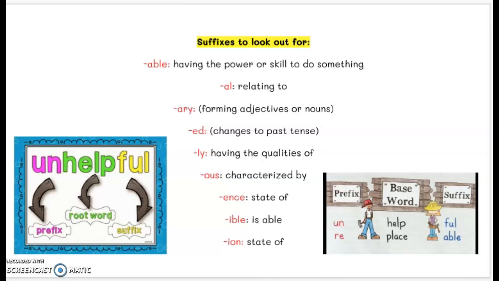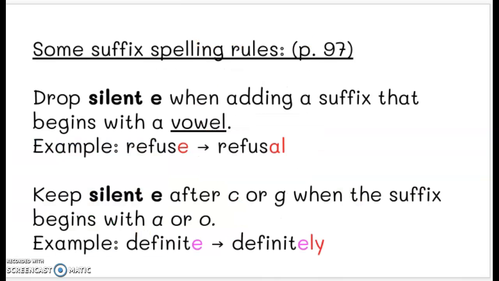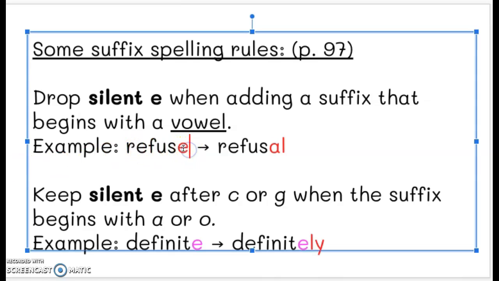So today, we are going to be discussing some spelling rules regarding the suffixes. These are the two rules. The first rule is that you will drop the silent E when adding a suffix that starts with a vowel. In other words, if you have a word like refuse, the silent E is here.